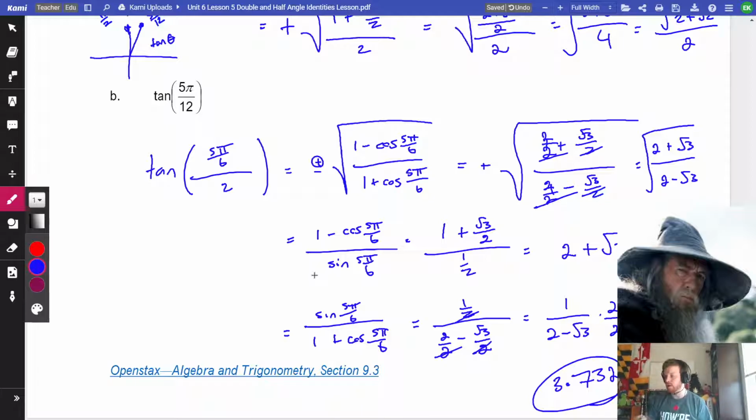outside of negative 1 to 1. The square root of 2 plus the square root of 3 over 2 minus the square root of 3. This is a hard one to type into the calculator, everyone. Sorry. 2 plus the square root of 3 divided by 2 minus the square root of 3 is 3.73.